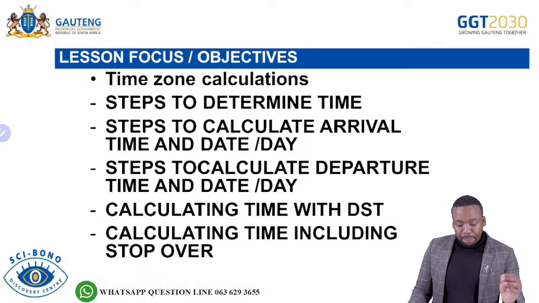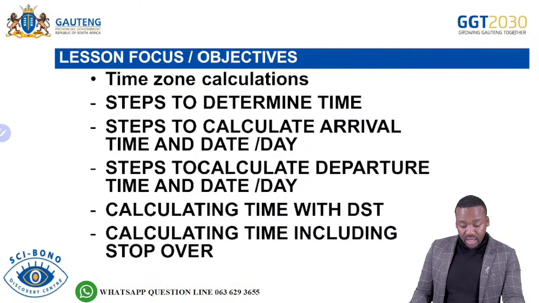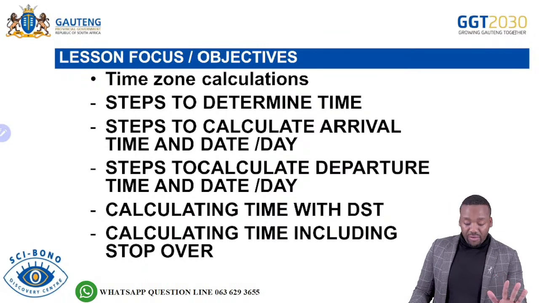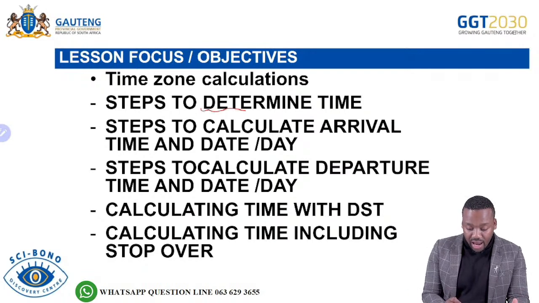Number 1, we are going to be looking at time zone calculations, and my calculations are divided into 5. The first thing that we're going to be revising is steps to determine or to calculate time. Then steps to calculate arrival time.